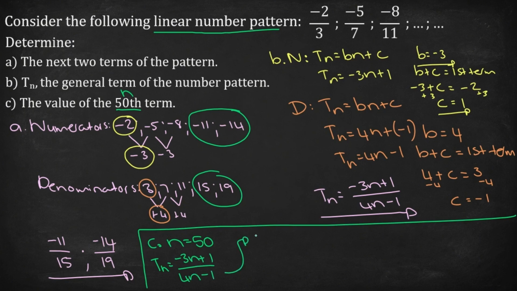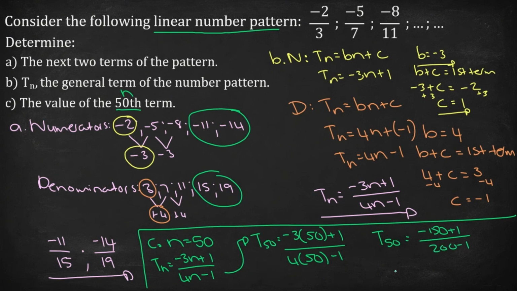So now let's substitute. T50 equals negative 3 multiplied by 50 plus 1 over 4 multiplied by 50 minus 1. So it will be T50 equals negative 3 times 50 is negative 150 plus 1 over 4 multiplied by 50 is 200 minus 1.